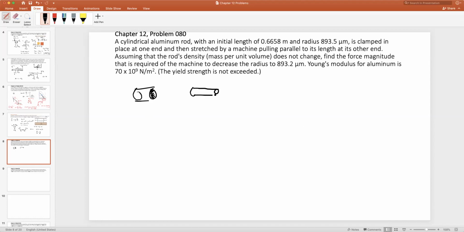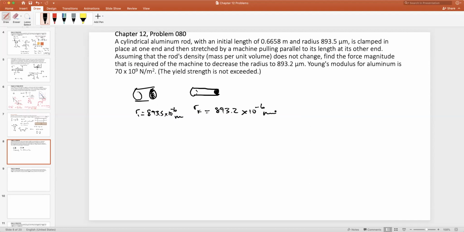So it's thinner, right? The final radius and the initial radius are different. Initial radius was 893.5 times 10 to the minus 6 meters. The final is 893.2 times 10 to the minus 6 meters.